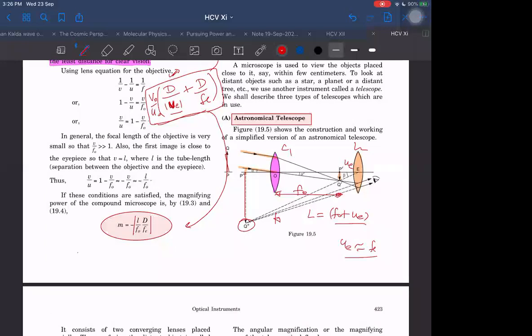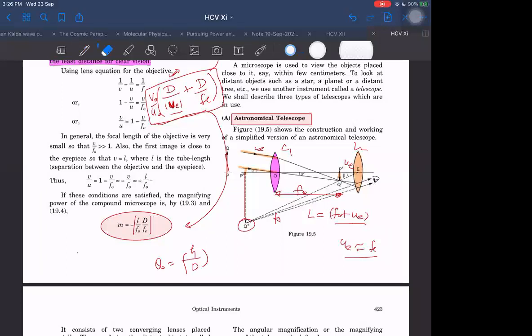What will be theta naught, theta dash? One more thing. What was our definition of theta naught for the compound microscope? Theta naught was the maximum magnification that we can have for any object. If we have a tiny object, we can bring it closer, up to distance d. But if we are looking at the star, can I bring the star closer to my eye?